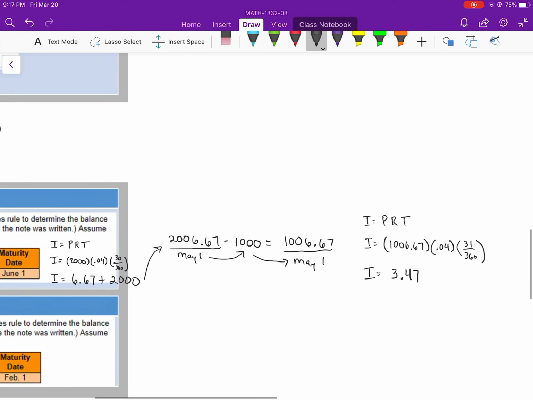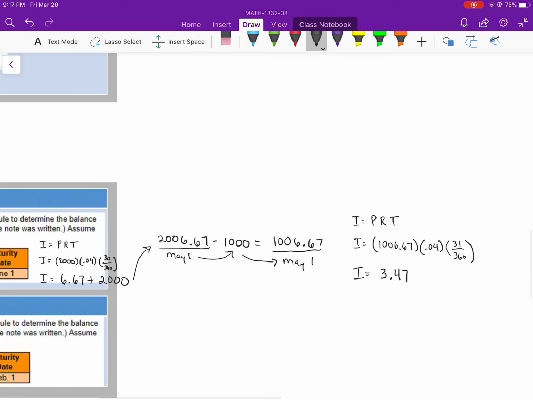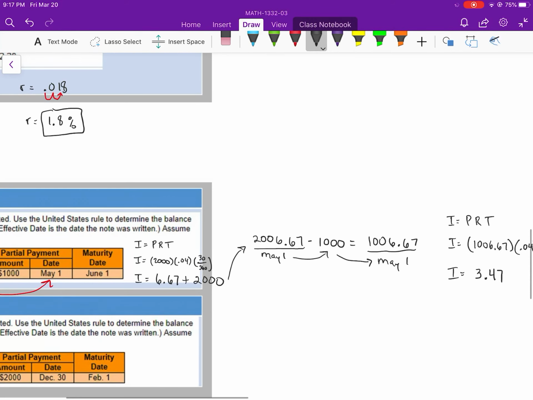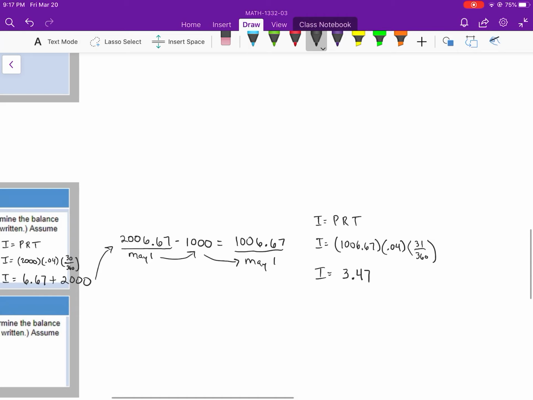My last step in this is to add this back to the amount at my partial payment on May 1st.